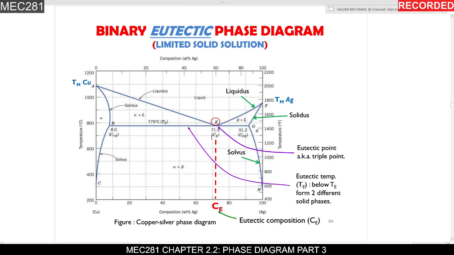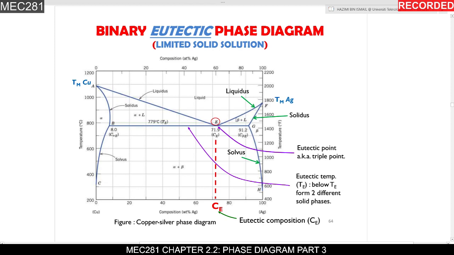The information we can get from the phase diagram in the limited solid solutions: this line still refers to the eutectic temperature, TE, the eutectic temperature line.